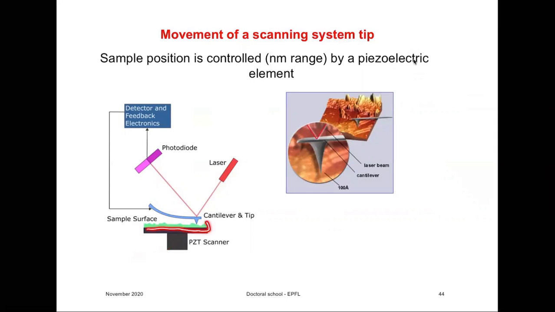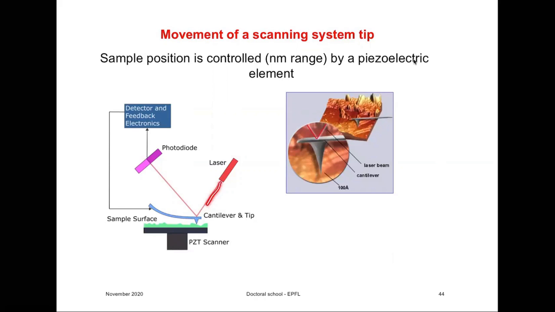You put your sample on top of that, and that sample has some surface profile that you, for example, want to examine. The cantilever doesn't move. It's the PZT scanner that moves in the plane. And the tip is either measuring the current or touching the surface.